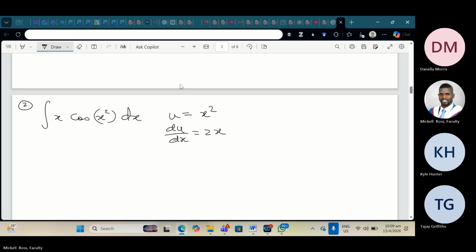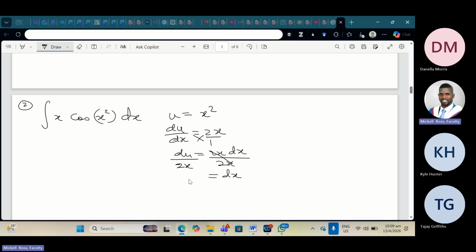All right, so watch this now. We need to find out what dx is going to be. 1 times du equals 2x dx. Solving for dx, divide by 2x.